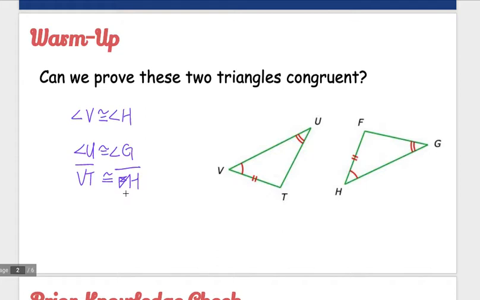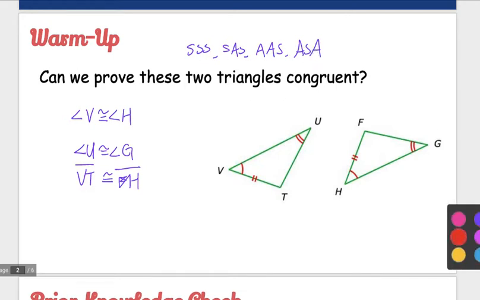Now, let's check the position of this. As we learned before, we have SSS, SAS, AAS, and ASA. That's all the methods we have so far, right? So if you check carefully, you have one pair of angles. We have another pair of angles.